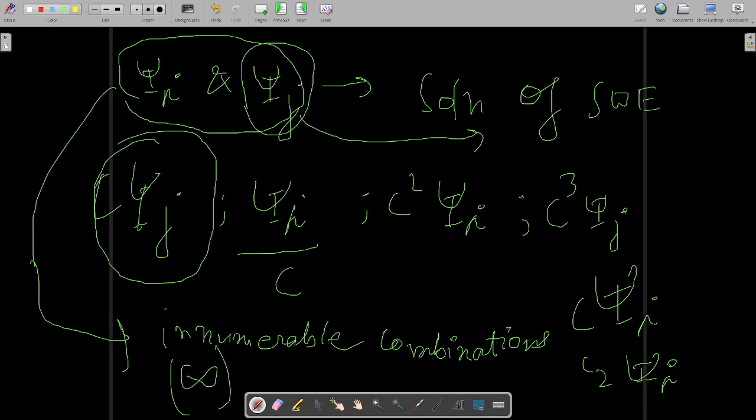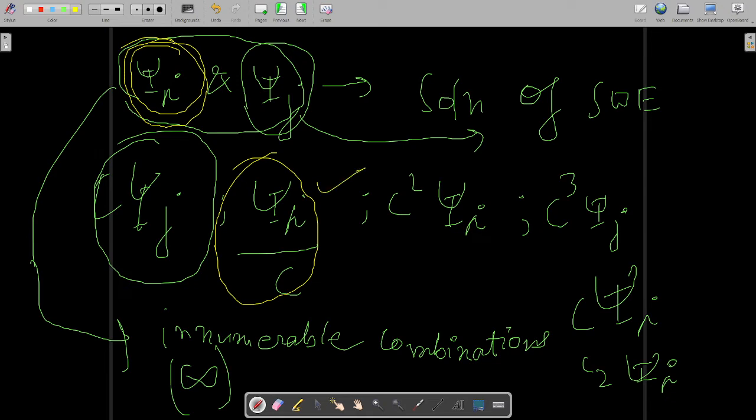If psi I satisfies the Schrodinger wave equation, then psi I by c will also satisfy it. Okay, because they are only multiples of it. If this satisfies the Schrodinger wave equation, then c psi j will also satisfy, c cube psi j will also satisfy, and there are innumerable such combinations possible.